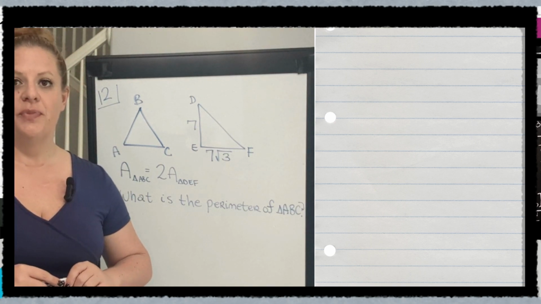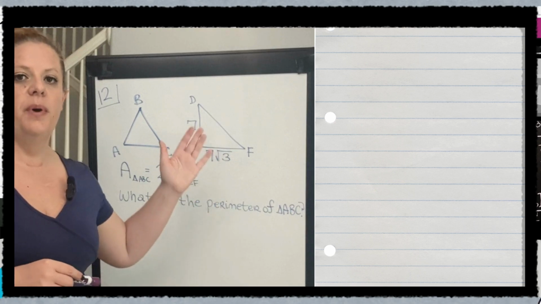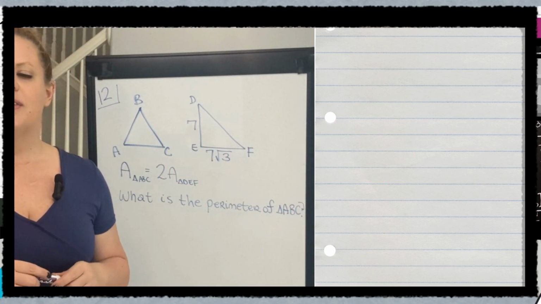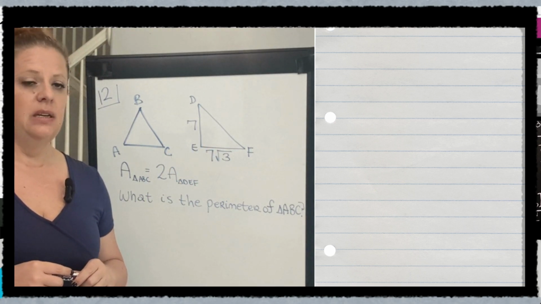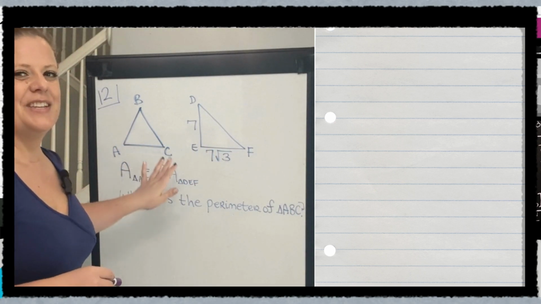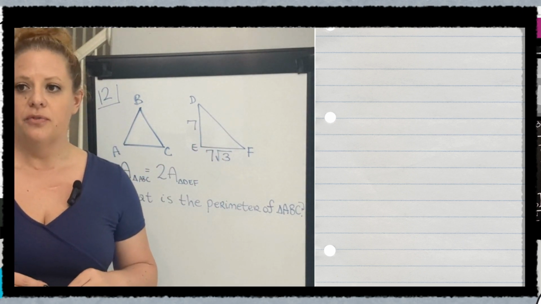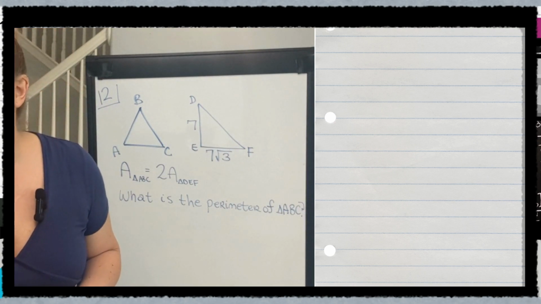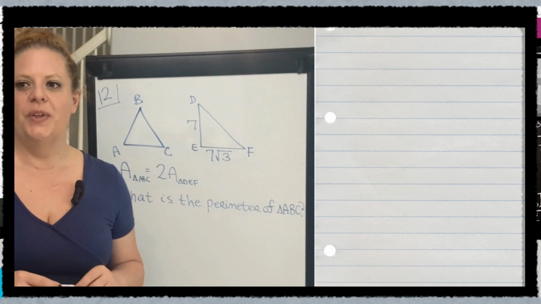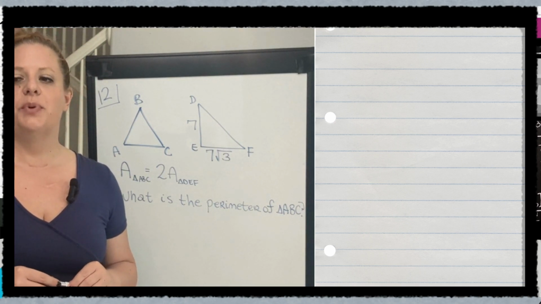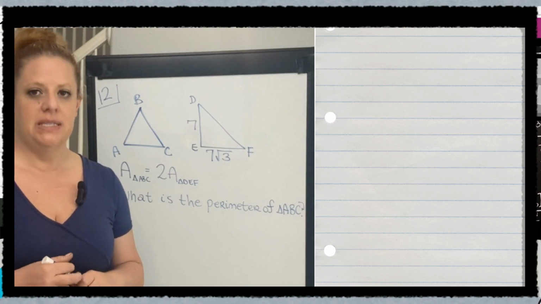Number 12. For the triangles above, the area of ABC, this one, is twice the area of triangle DEF. And then it says, if ABC is equilateral, what is the perimeter of ABC?